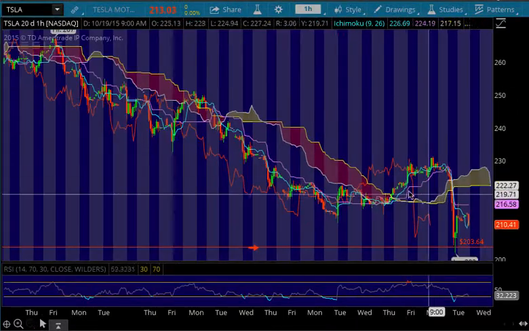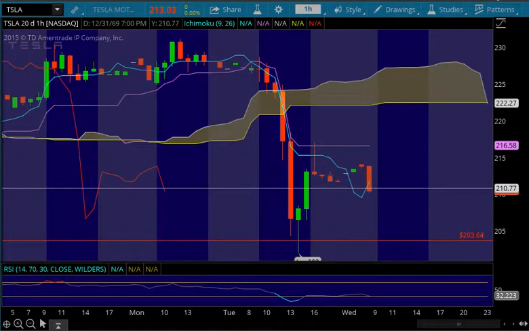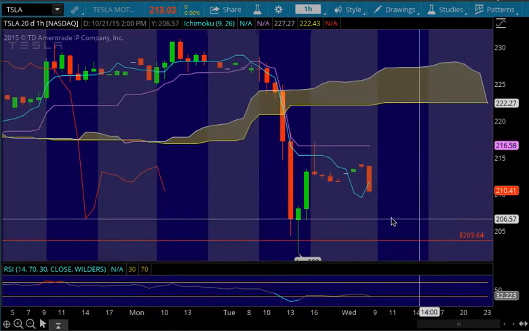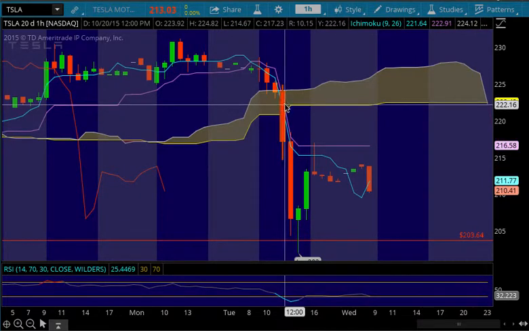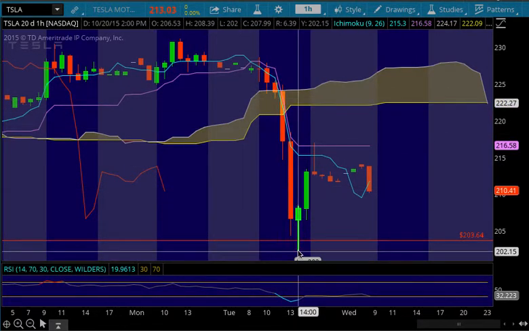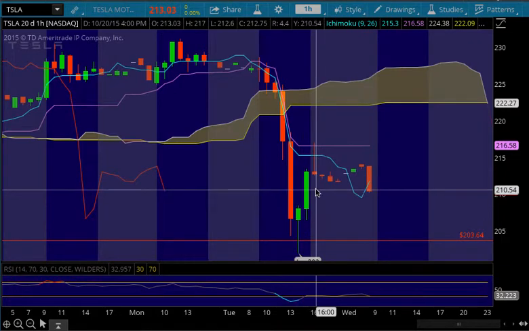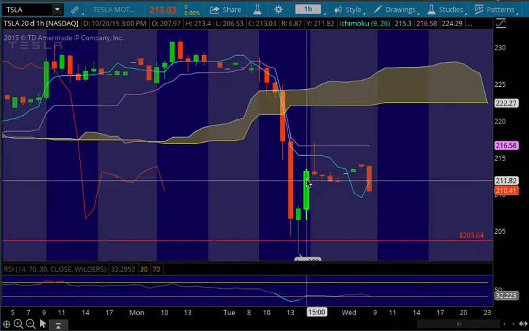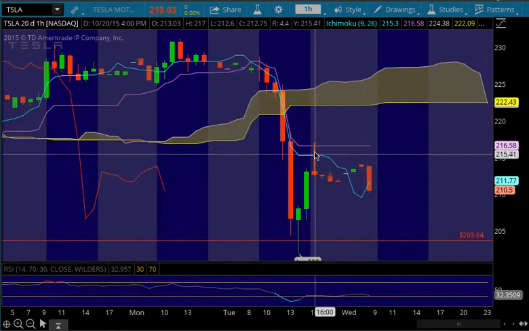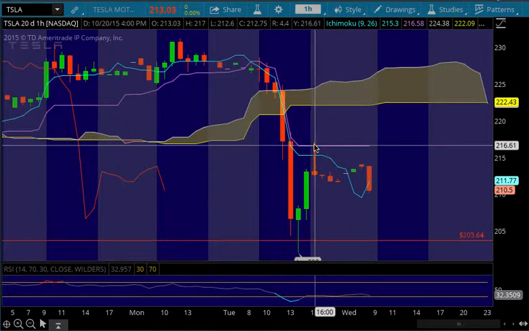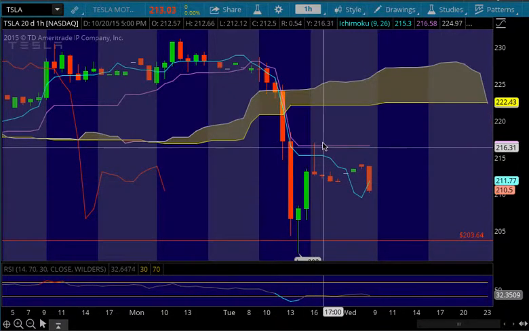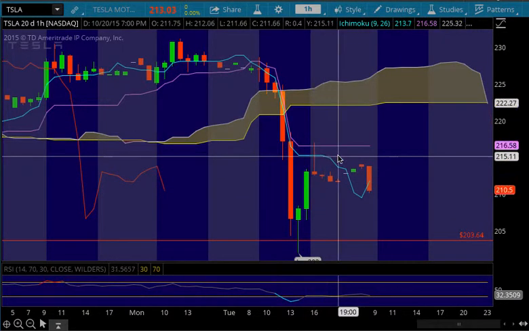Let's look at the hourly. On the hourly time frame, this is the big sell-off here, and we did come up and attempted to get over the Tenkan Sen and got rejected at the hourly Tenkan Sen at 215.26. We actually got rejected at the Kijun Sen above that at 216.58, a little bit above the Kijun Sen even.